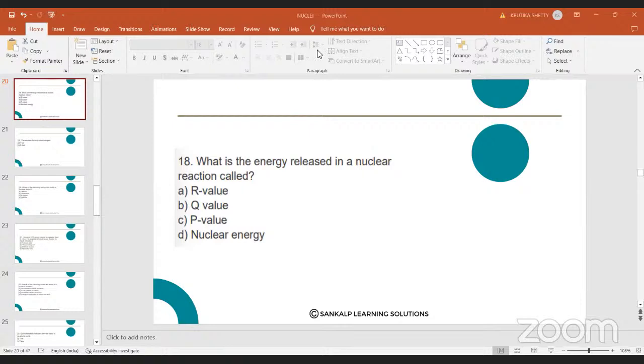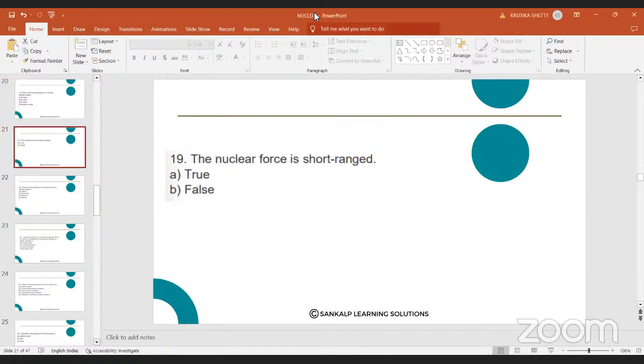Nuclear energy, no. See, read that part in your textbook. The energy released in a nuclear reaction is called the Q value. Not nuclear energy. So confirm that. Then the next question.